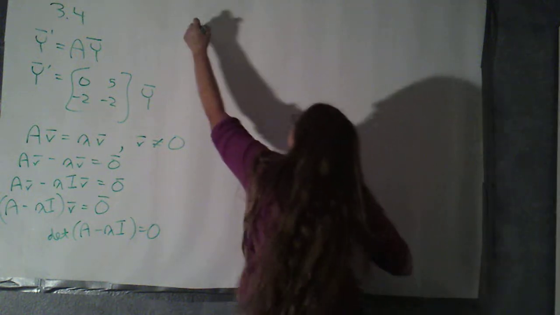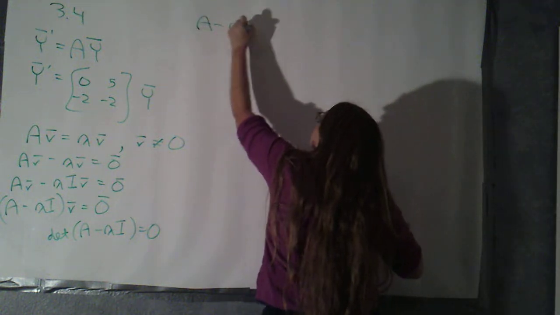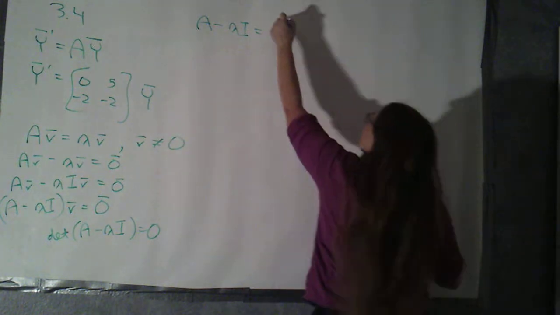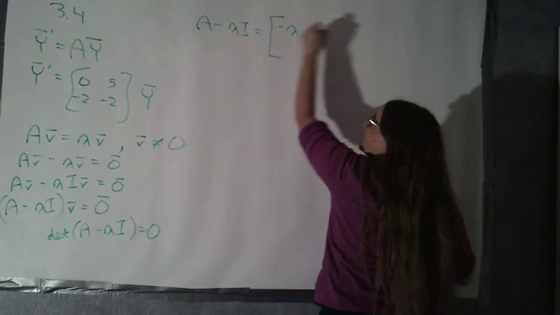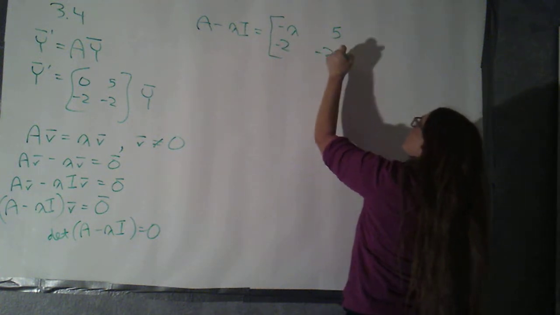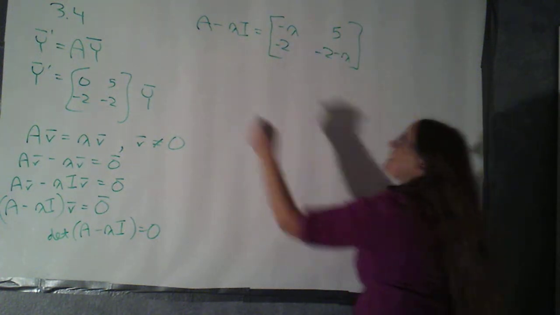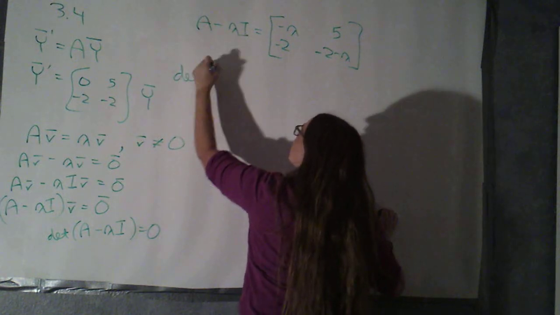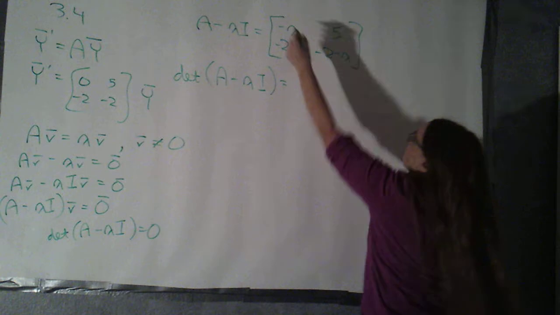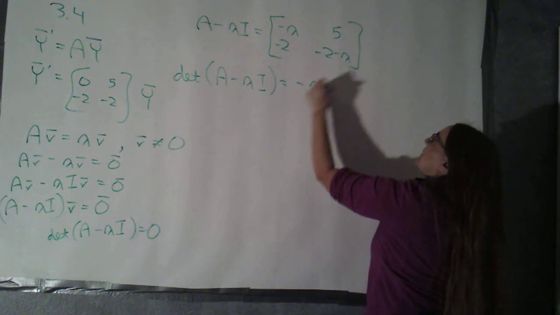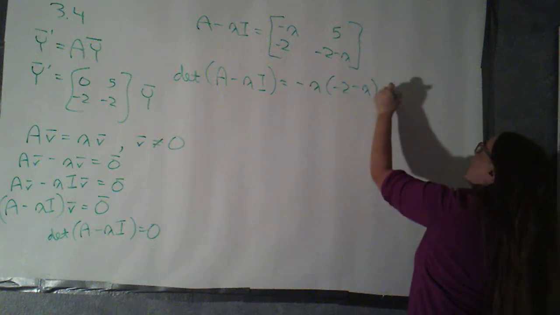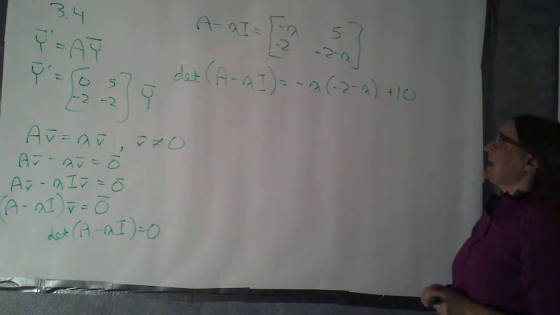If I look at A minus lambda I here, I'm just subtracting lambda from the main diagonal. So I'm going to get negative lambda, 5, negative 2, negative 2 minus lambda. So if I calculate the determinant of A minus lambda I, that's just going to be this diagonal product, negative lambda times negative 2 minus lambda, minus a negative 10, so plus 10.